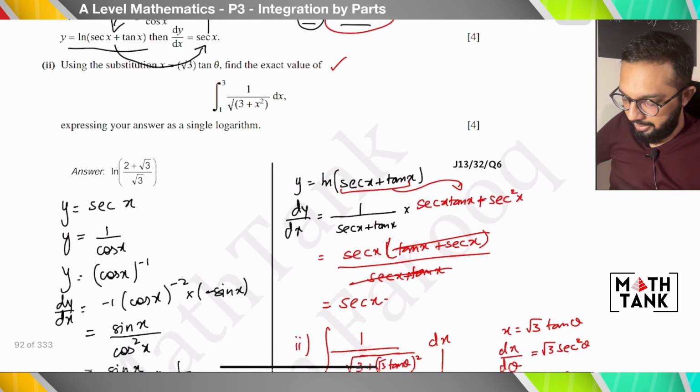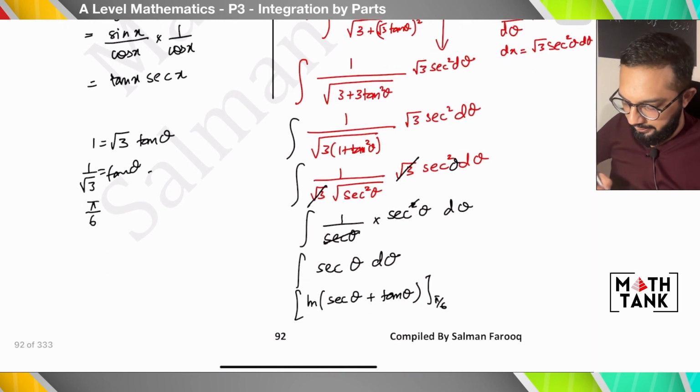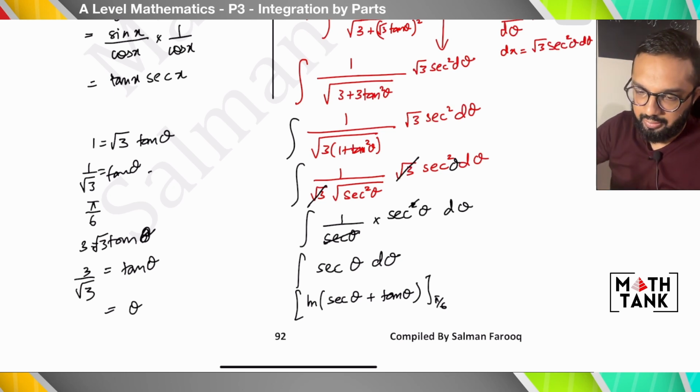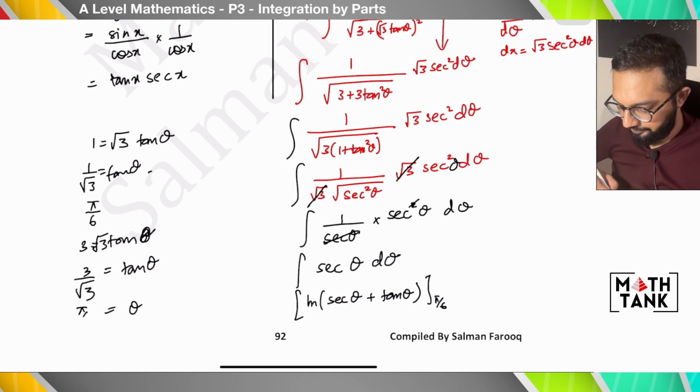And what's the upper limit? It's 3. So 3 equals root 3 tan theta, tan theta equals 3 over root 3, tan inverse of 3 over root 3. It's pi over 3.